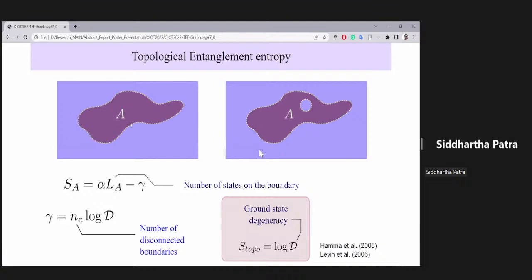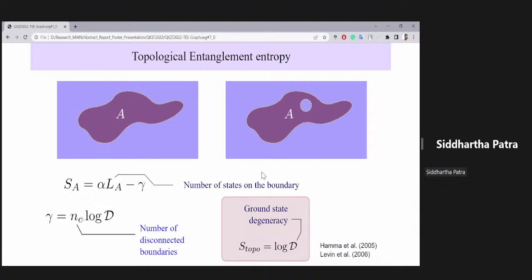If you take the subsystem A, in general, the entanglement of it will depend on the geometry of the subsystem. That is the first term, alpha L_A, where L_A is the perimeter of the region A, and gamma is the geometry independent piece in the entanglement measure. That is very specific to this topologically ordered system.